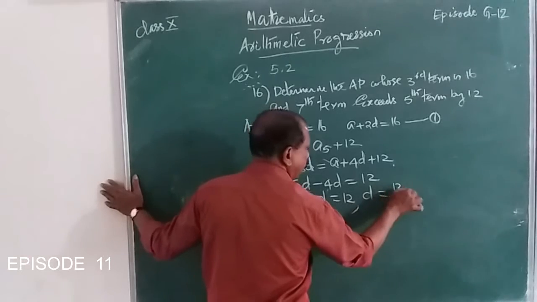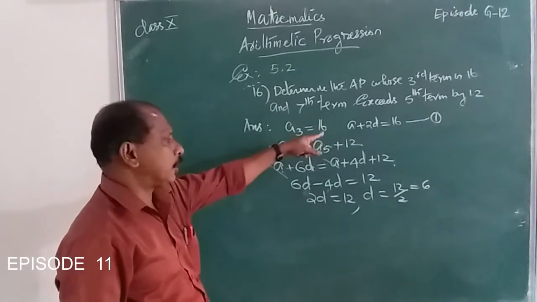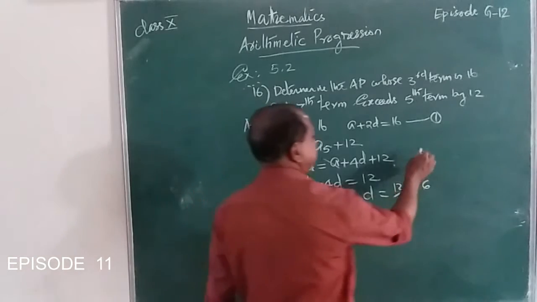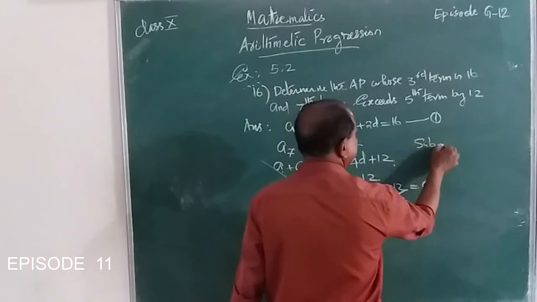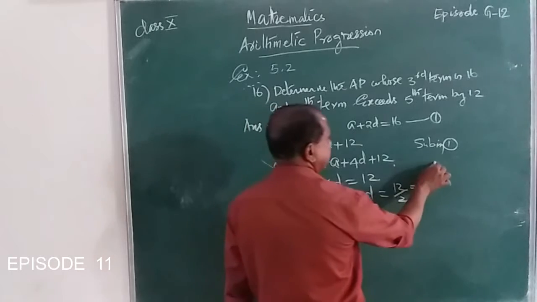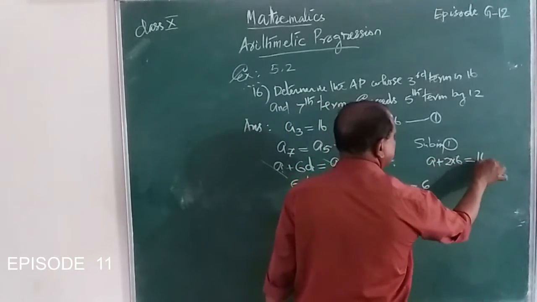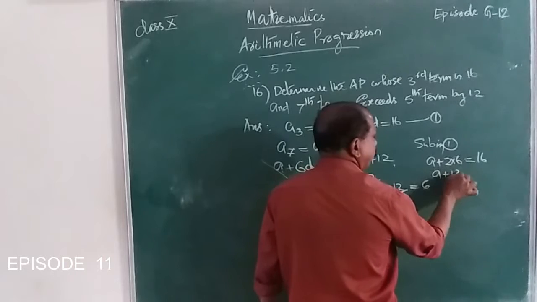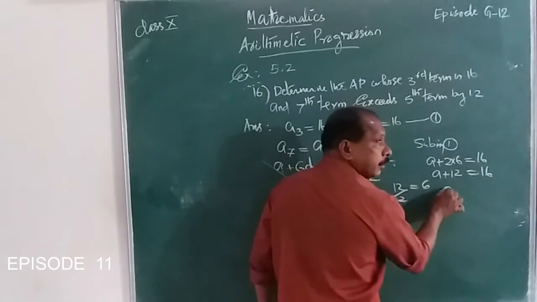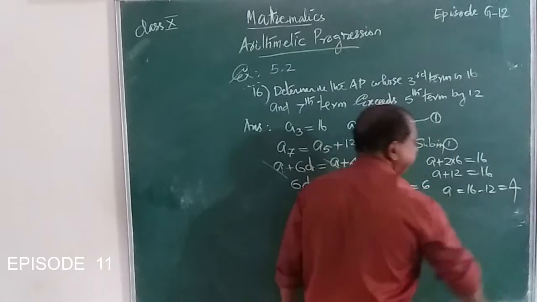Therefore D is equal to 12 by 2, which is 6. Substituting in the first equation, A plus 2 into 6 is equal to 16. Therefore A plus 12 is equal to 16, so A is equal to 16 minus 12, which is 4.